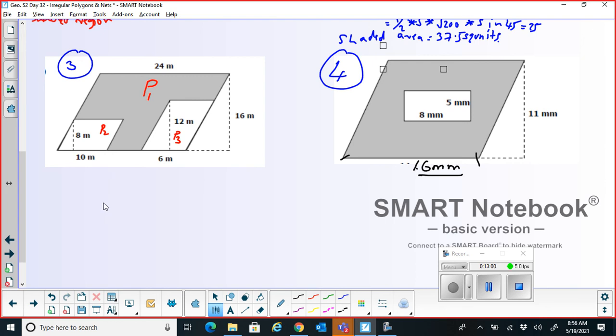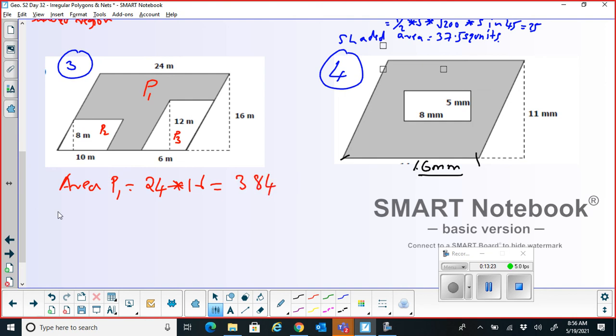Area of parallelogram is nothing but base times height. So area of P1: they have given the base which is 24 and the height which is 16. 24 times 16 gives us 384.